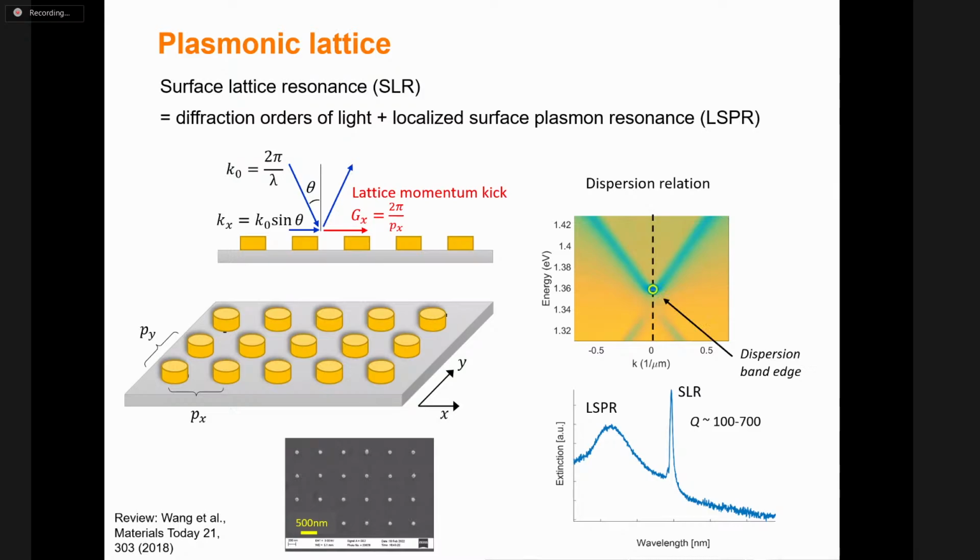The important point in this dispersion is the band edge, as we have already learned also in the microcavities that Professor White told about. So it's also important in this system that there is a bottom of the dispersion band that can be utilized for lasing and condensation experiments.